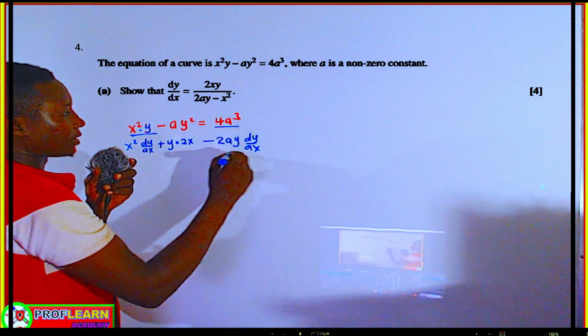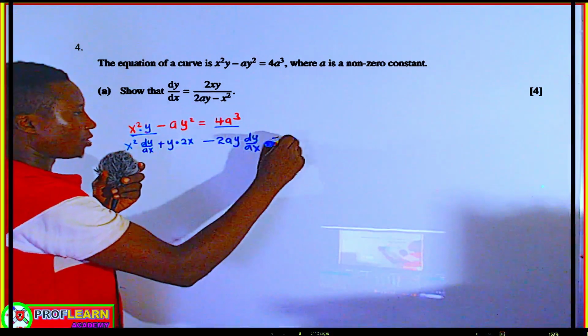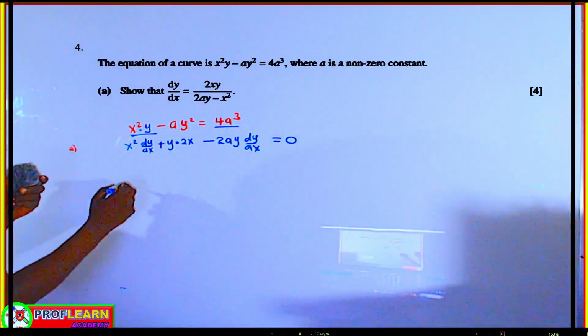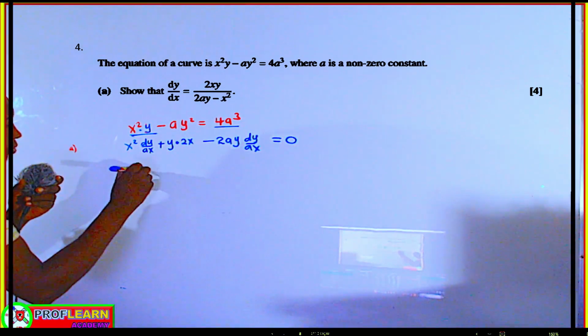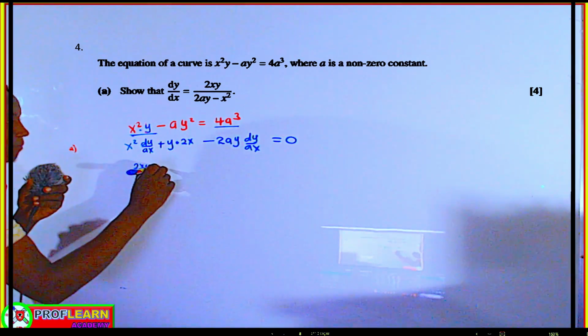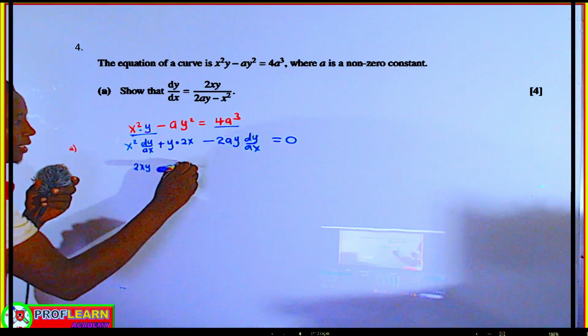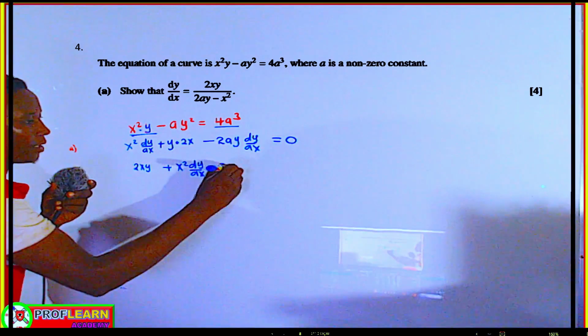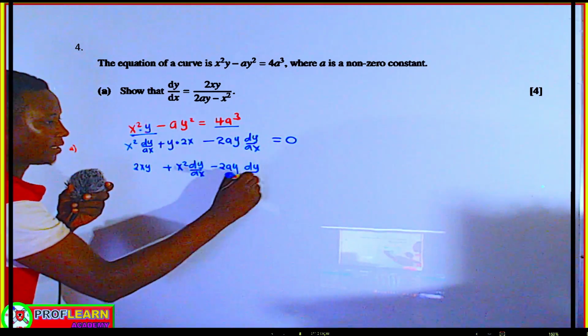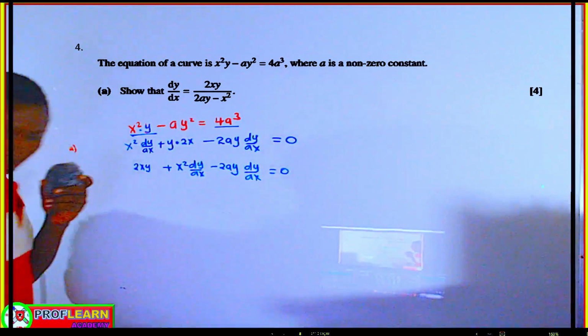Since the right side is a constant, we get 0. Now this is 2xy plus x squared dy dx minus 2ay dy dx equals 0.